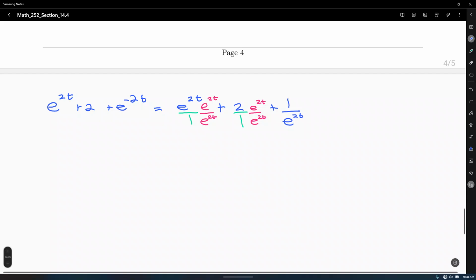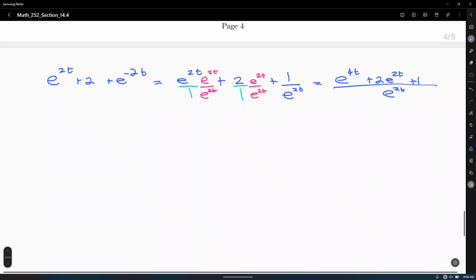Now that we have the same denominator, that is e to the 4t plus 2e to the 2t plus 1, everything divided by e to the 2t. Let's have a look at the numerator. Doesn't that numerator look a lot like a quadratic pattern? That is e to the 2t squared plus 2e to the 2t plus 1 over e to the 2t.